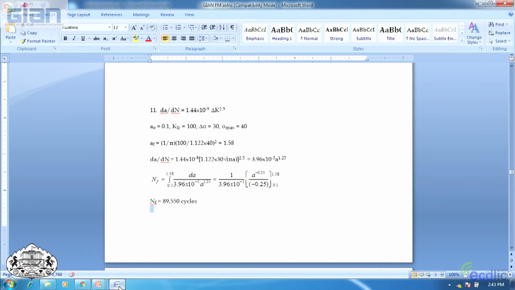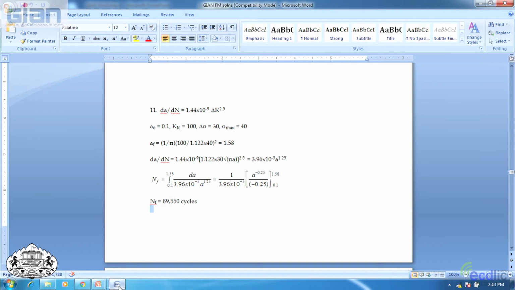Then you rearrange. The left side would integrate from 0 to final cycles. The right side from initial crack size 0.1 to final crack size 1.58, and you do this integration. This again is x to the n.